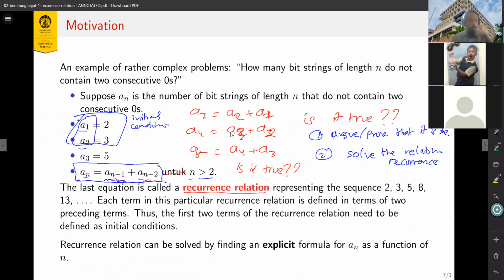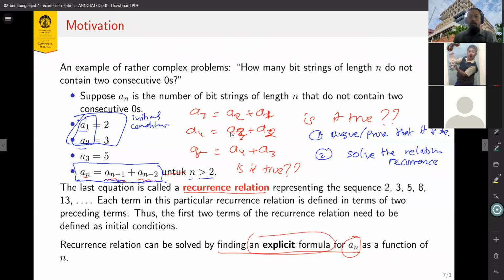So why is it called recurrence? Because it uses the terms in the sequence. Now our aim here is to solve the recurrence relation by finding an explicit formula for a_n. What is an explicit formula?